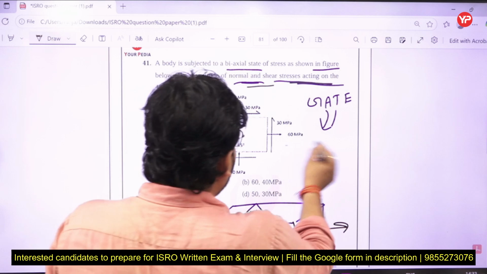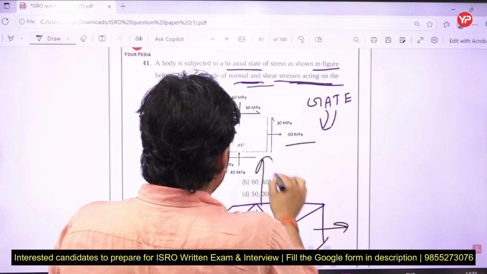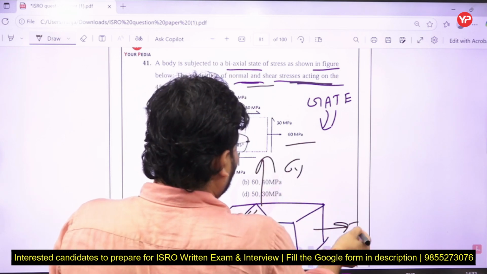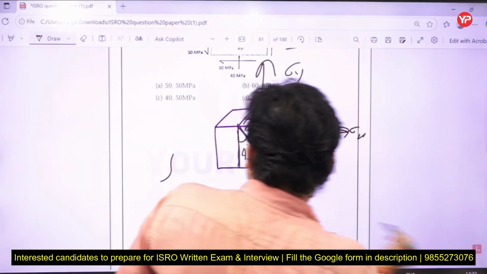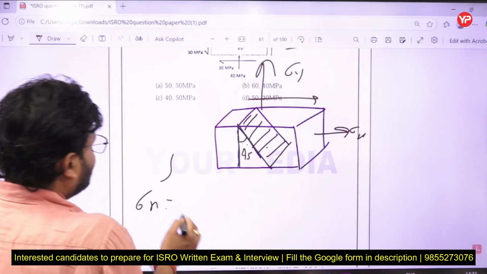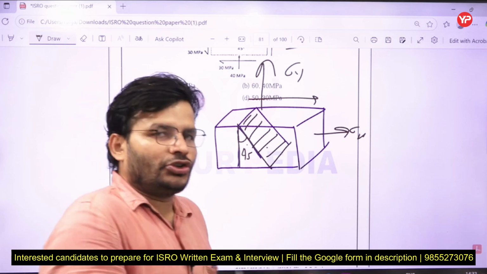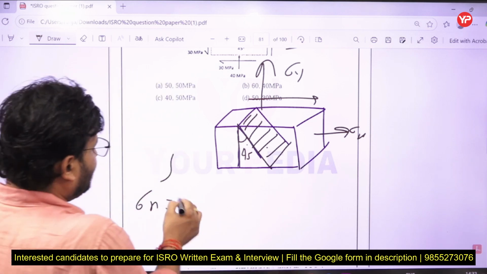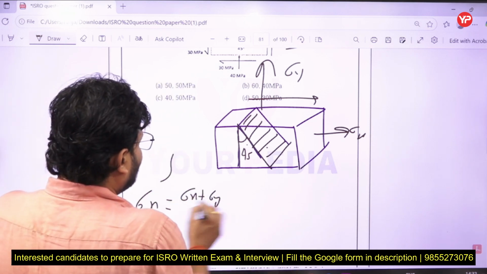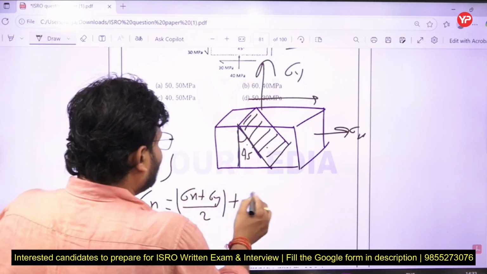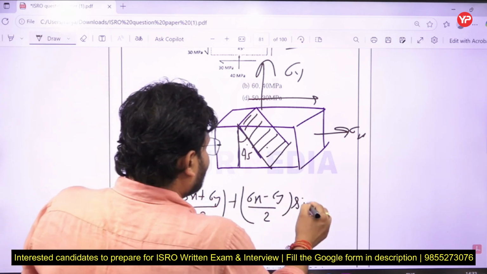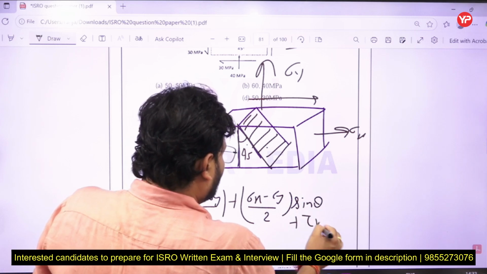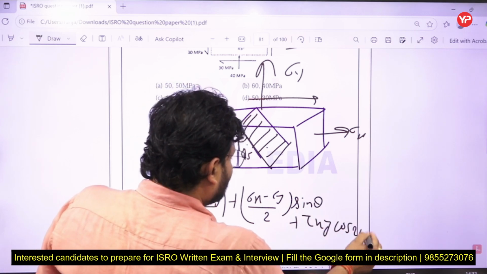So here we can say 60, and it is a bidirectional load, sigma y, even tau is also given there. So my dear friends, first of all, you know the sigma n is given as normal stress on an oblique plane. Normal stress on an oblique plane is given by (sigma x plus sigma y)/2 plus (sigma x minus sigma y)/2 times sin 2 theta plus tau xy cos 2 theta.